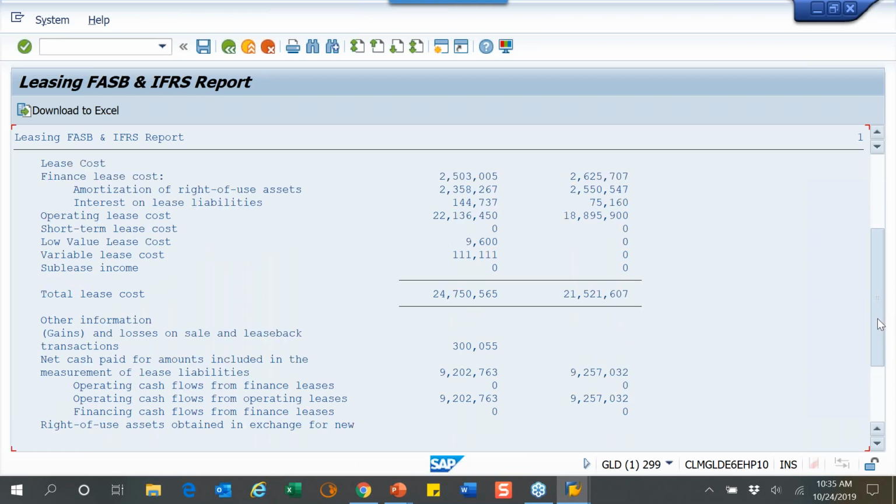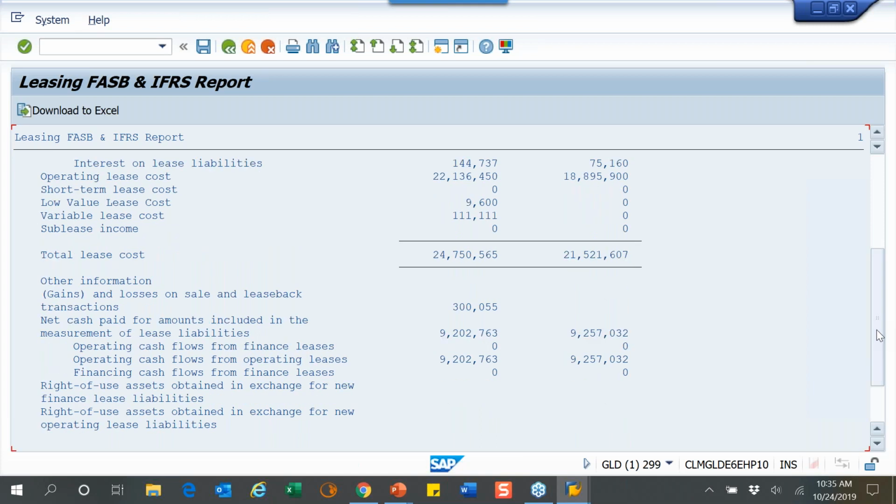In the middle of our report, you will see all the cash flow items, the usual cash paid for all your leases. And then there's one line item that, to John's point, who spoke earlier about the FASB updating, the right of use asset in exchange, that requirement has changed.